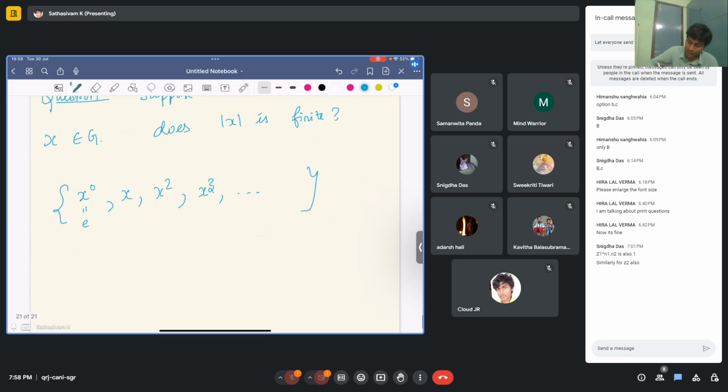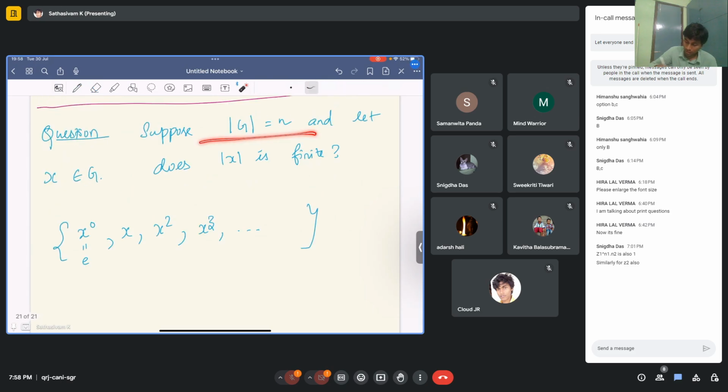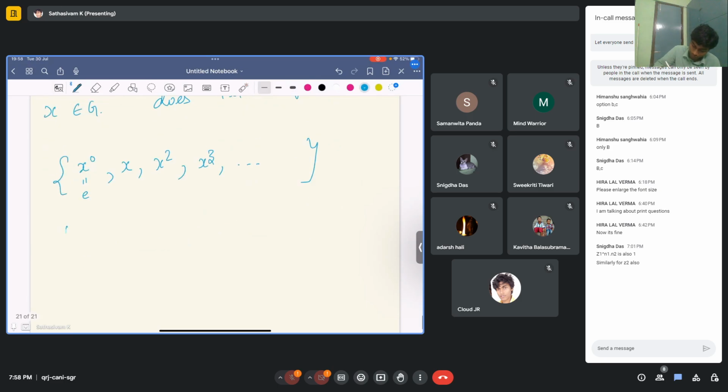Since you have only finitely many elements but infinitely many x to the power n's, not all of them can be different. Thus x to the power n equals x to the power m for some n, m belonging to the natural numbers.